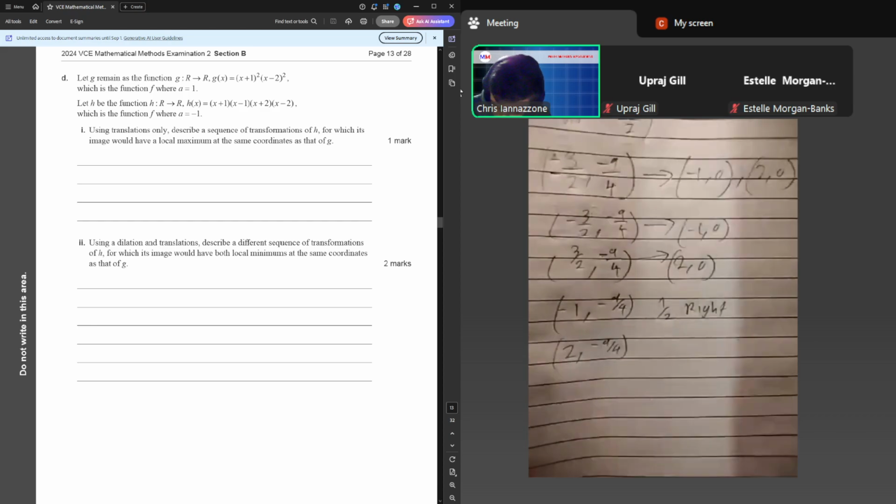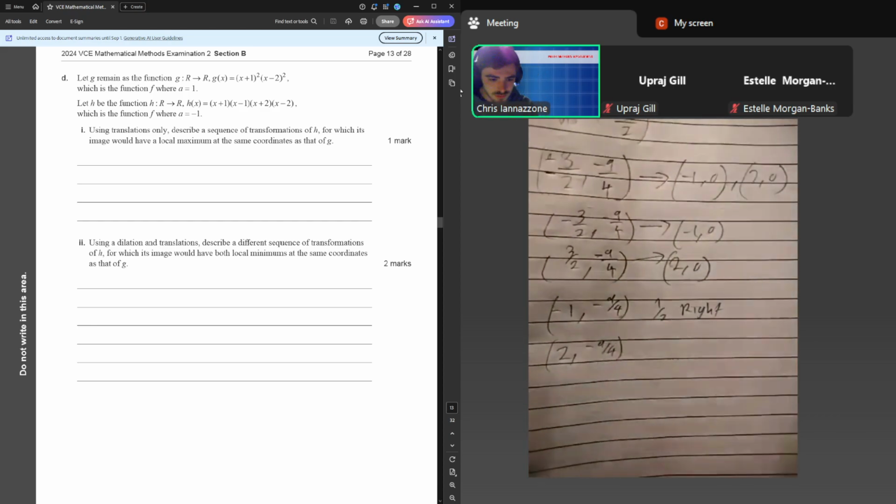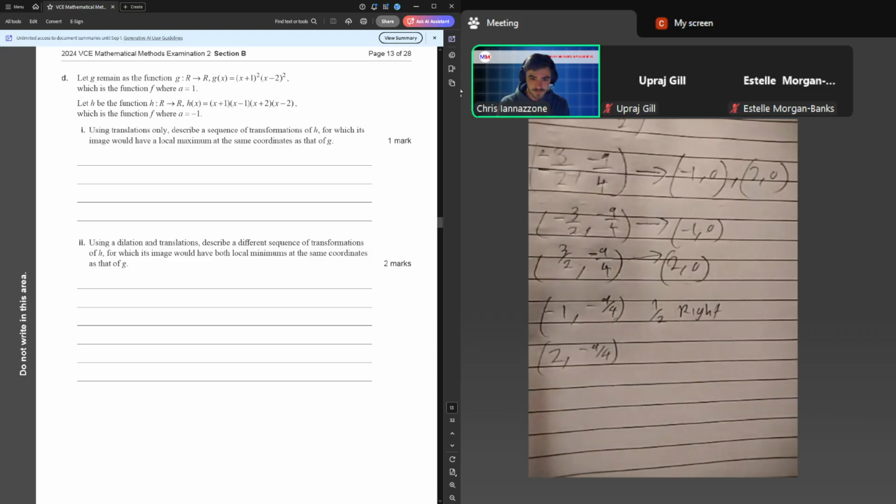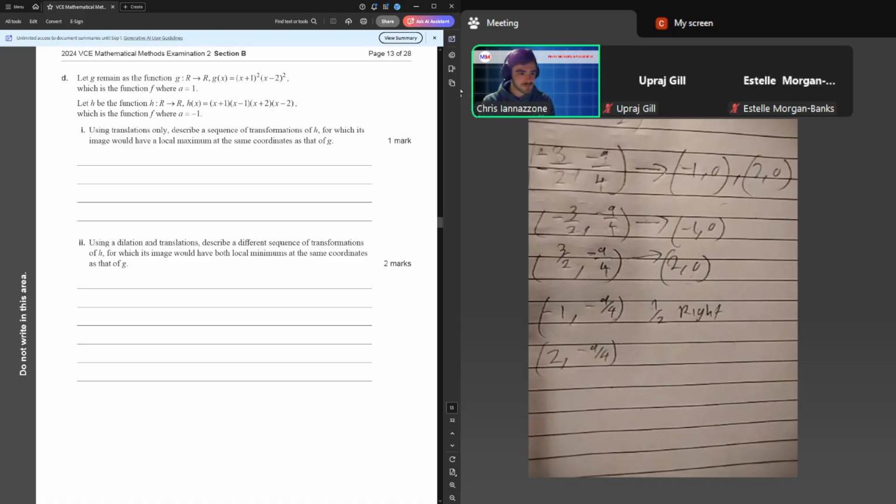Last but not least, just got to make the y's equal to 0. How are we going to do that? X's are all looking good. One final translation.